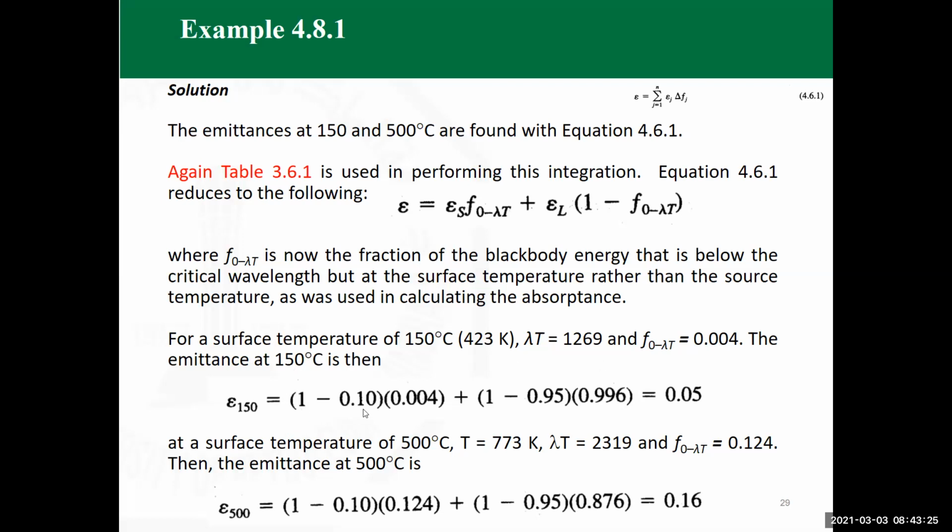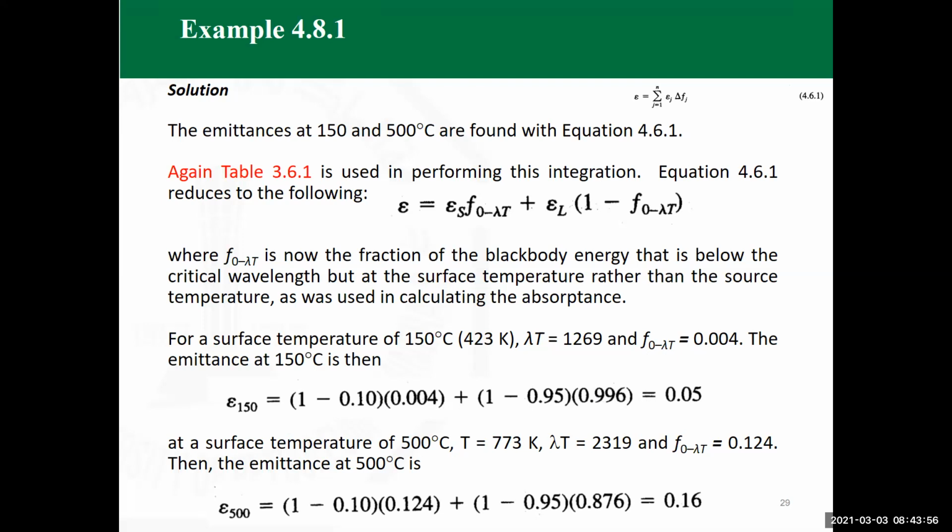Accordingly, 1 minus 0.1, this is the value of the emissivity, 1 minus rho for the wavelength less than 3, multiplied by this F, and then 1 minus rho for the wavelength greater than 3, and the remainder of the integral, which is basically the value of F from 3 up to infinity, which is this, and it will give an emissivity equal to 0.05.